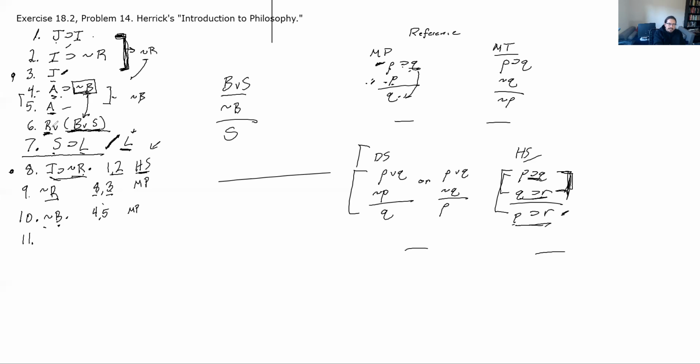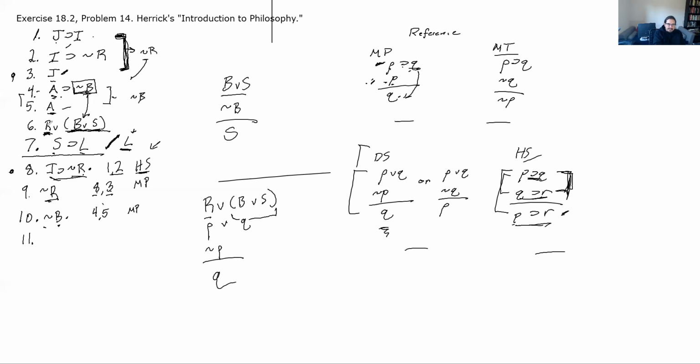Instead, we're going to look at this R and the not R. So here is the disjunctive syllogism that we do want to look at. P or Q, where Q represents B or S. And we take the line 9, not R, which is not P, to give us Q. And that's what this is, disjunctive syllogism.